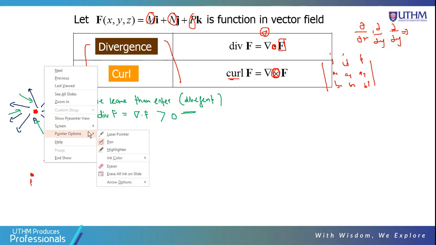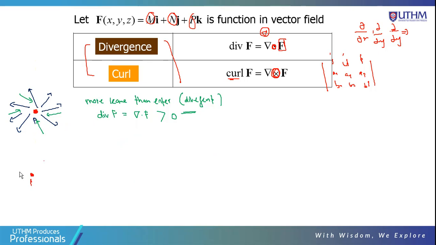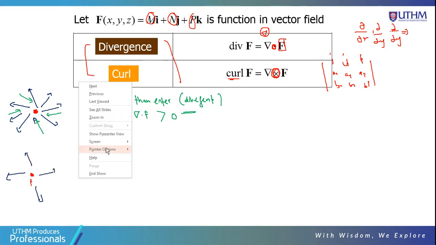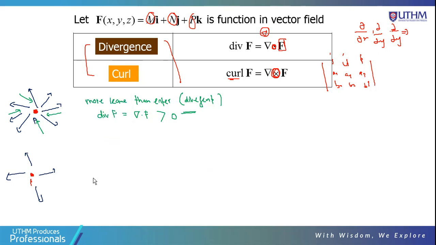Let's say at this point, when the vector field has enter and out, automatically at this point there is rotation. This rotation we call the curl.